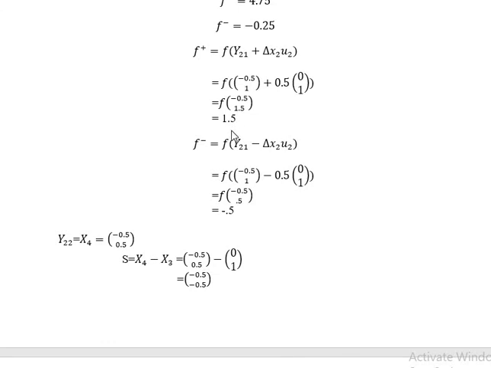So the answer is 1.5. F minus, f of y21 minus delta x2 u2, is equal to minus 0.5. So we got the point x4, denoted as y22, equal to (-0.5, 0.5). So the step length s equal to x4 minus x3, that is equal to (-0.5, -0.5).